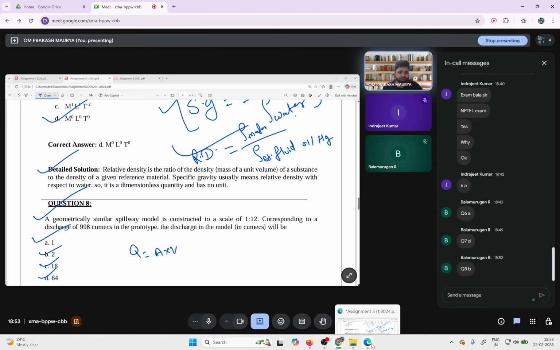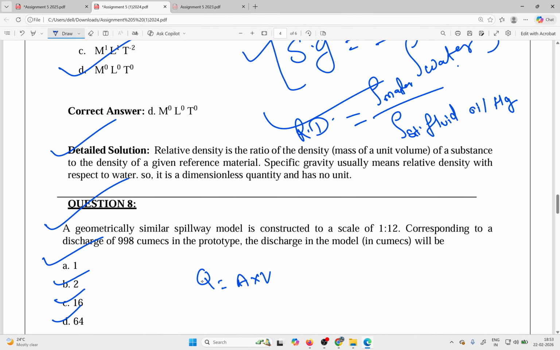So here you can write LR. QR is equal to LR square, and the velocity you know already root LR. I have already discussed a lot. So LR to the power 5 by 2, or you can say 2.5.